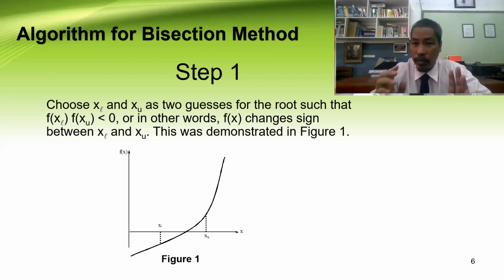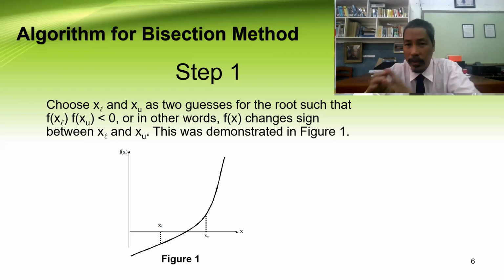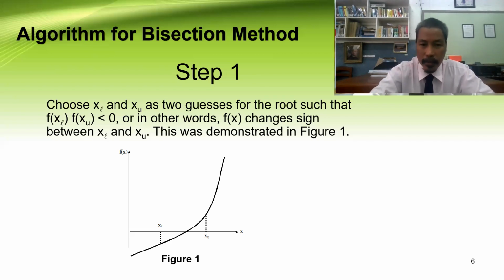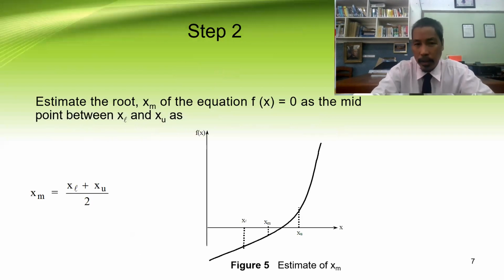So we need to be able to evaluate two values of functions which are different in sign. One should be negative and the other should be positive. If that did not happen at one guess, try another guess, and so on until you satisfy that condition. Okay, so that is step 1.